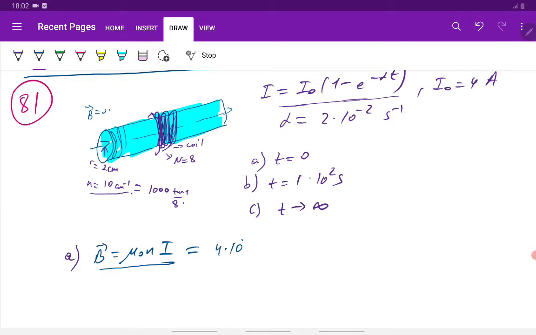So I will substitute 4π times 10 to the minus 7, multiplied by 10, multiplied by this current, I0 equals 4 amperes, times 1 minus αt.